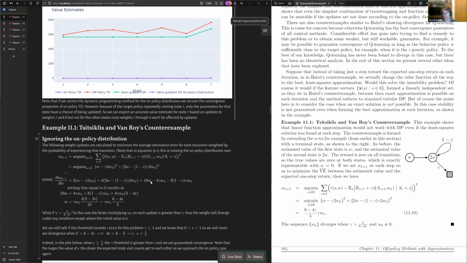I'll have to see. I can try to add that before next time to my solution, to see what this converges to. But this is just saying, if we take this TD(0) estimate and sum it over the states, this is the squared error, and we can just see what W minimizes this on this particular step.